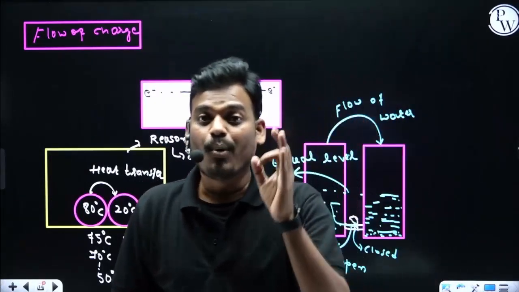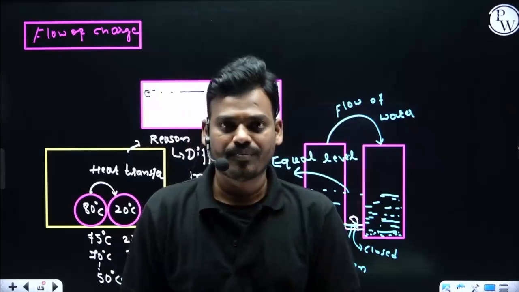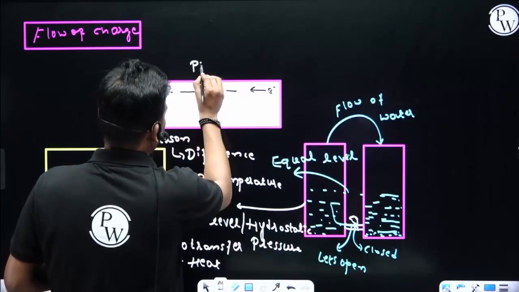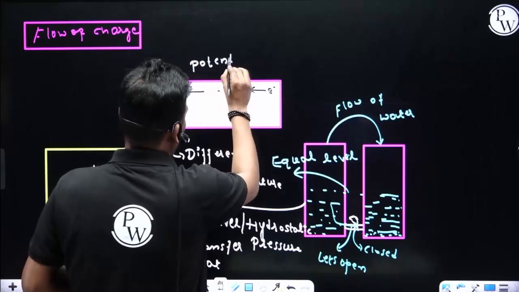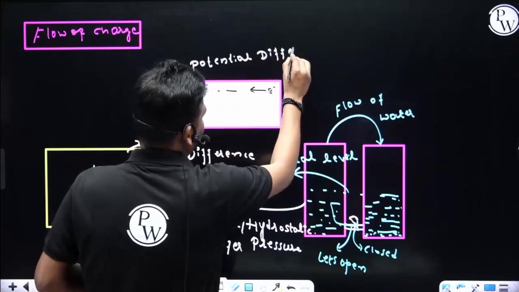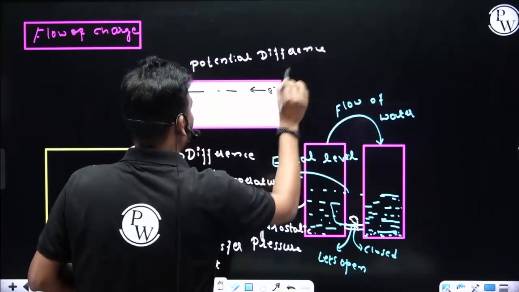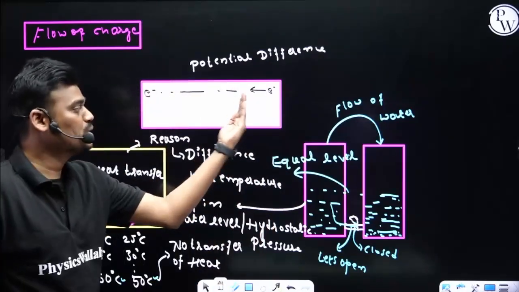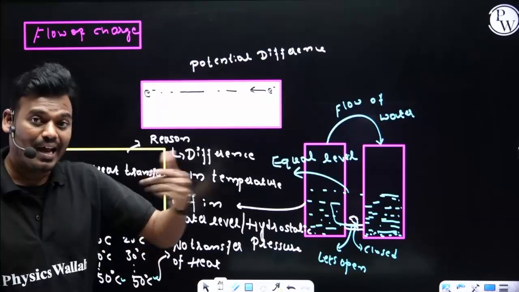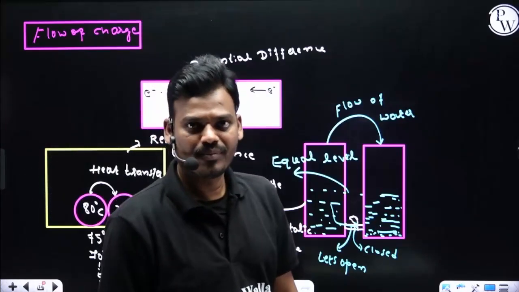That is potential difference. If there is a potential difference, then these electrons will start to move from one end to another end. So hence electric current.